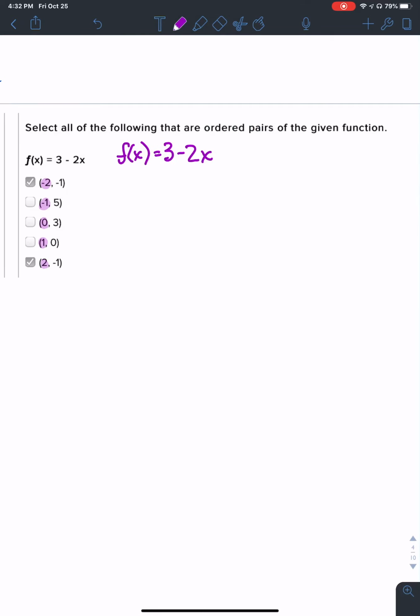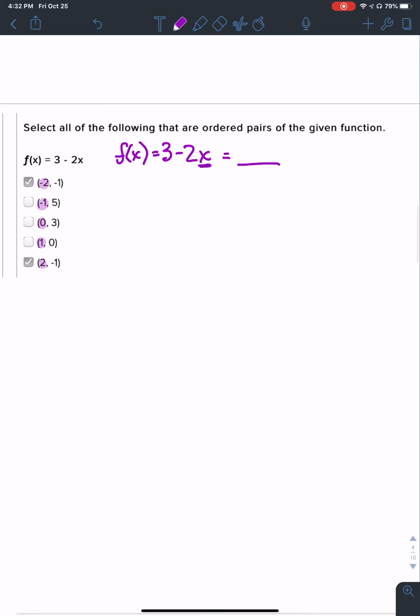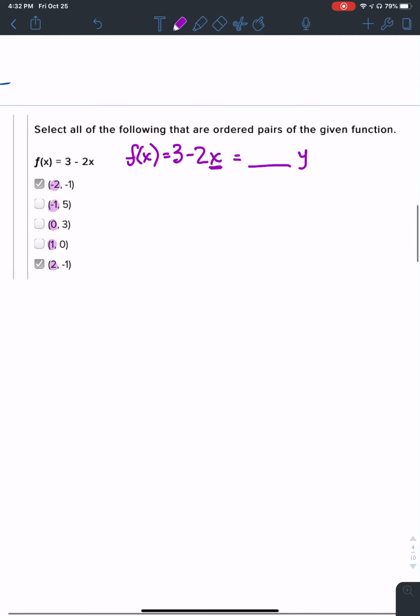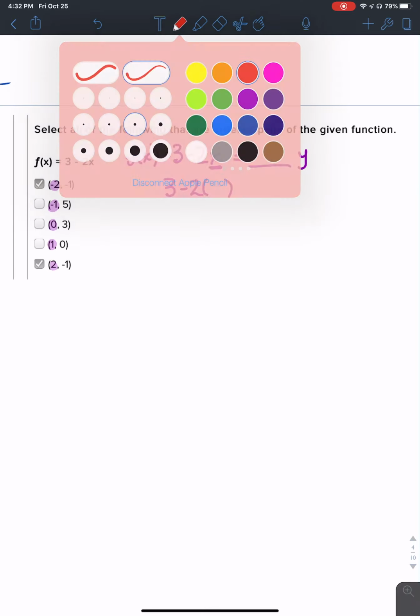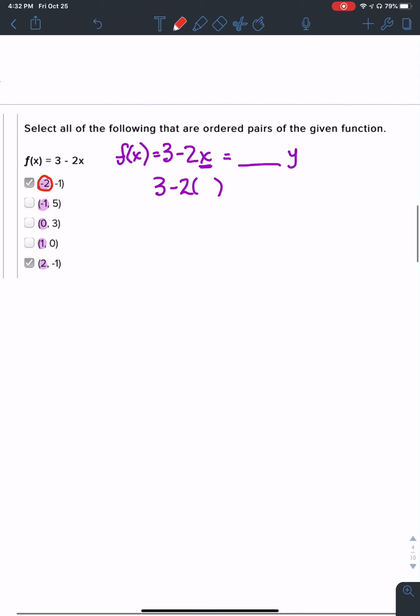So if I were to take these x values one at a time, I should be able to plug them in here and see what number I get out. And remember, whatever number I get out will be my y value. Okay, so if I look at this first one, I'm going to take this -2 and plug it in.